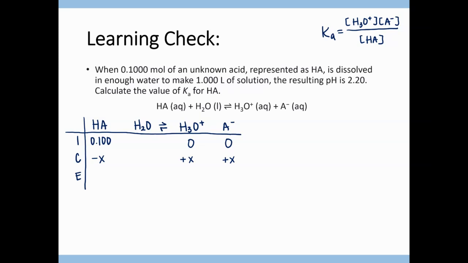Now there's one more piece of information here, which is the pH. What can we do with the pH to help solve this problem? What does the pH tell us? Or what does it give us information about? Concentration of?